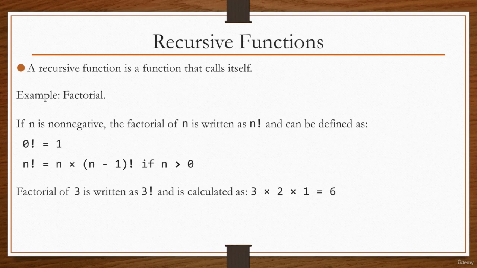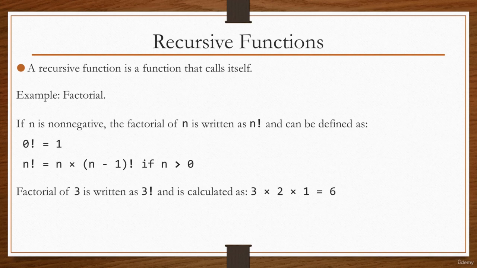A recursive function is a function that calls itself, and a typical example is when you calculate the factorial of some value. So if n is non-negative, then the factorial of n is written as n with an exclamation, and it can be defined as 0 factorial, so 0!, that will be 1, and then n factorial will be n times (n minus 1)!.